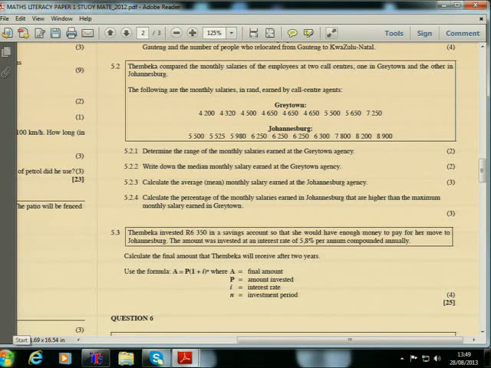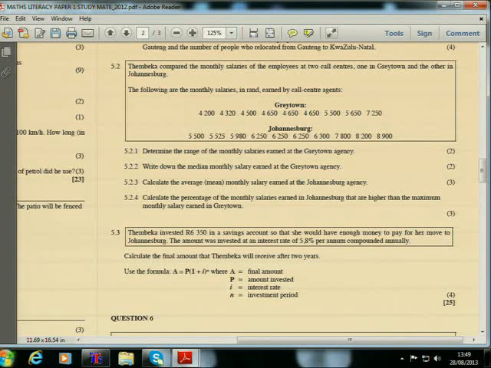In question 5.2.1, we are required to determine the range of the monthly salaries earned at Greyton agency. Now when we calculate the range, what do we look for? We look for the biggest number as well as the smallest number. So the range is actually the difference between the bigger number and the smaller number in that set of data.